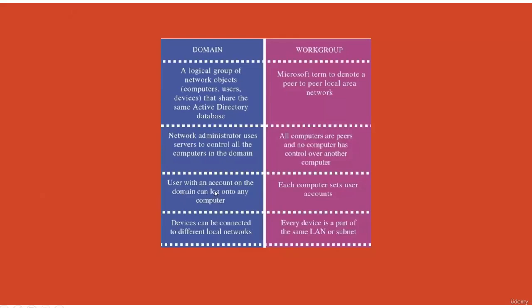A user with an account on the domain can log on to any computer. In Active Directory, if your organization is using a domain controller, and let's say you have a five-floor office, someday you sit on the second floor, someday on the fourth floor or fifth floor.